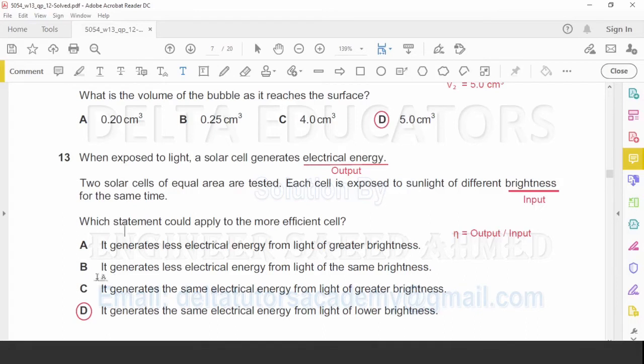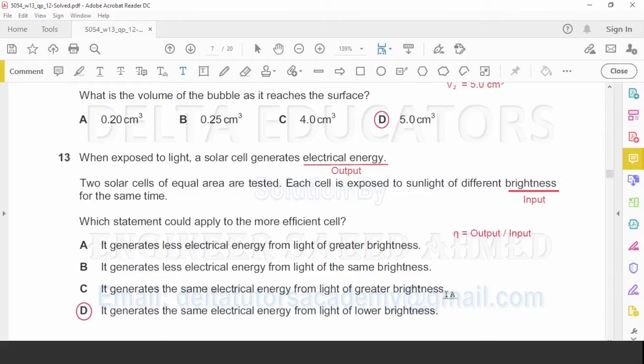In C, it is given it generates the same electrical energy from light of greater brightness. Okay, first we will check the last option. In option D, it is given it generates the same electrical energy from light of lower brightness. In C and D, it generates the same electrical energy.